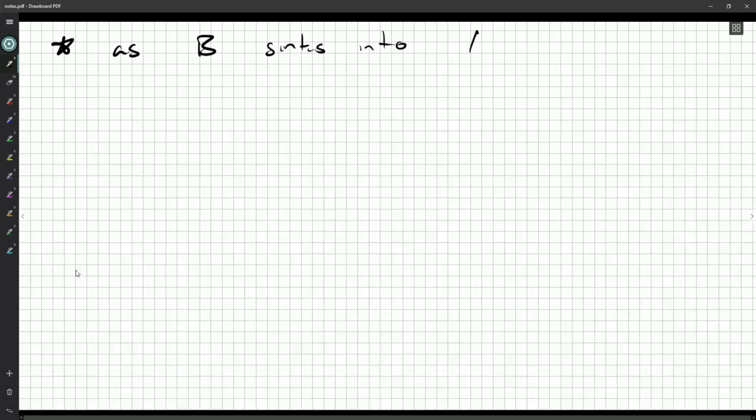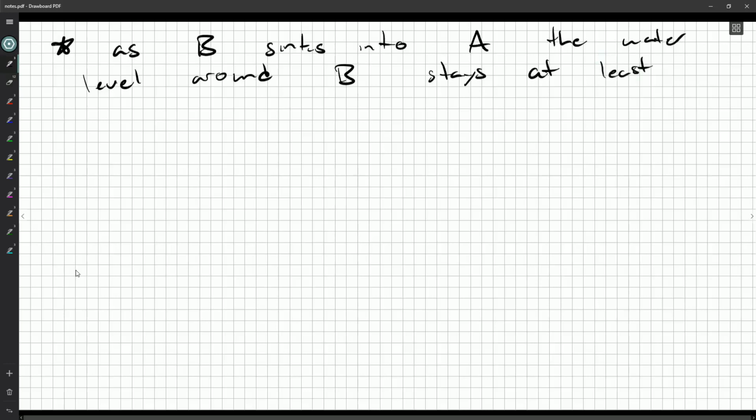One thing you might want to point out about this is as B sinks into A, the water level around B stays at least at the height of the lip of B from the bottom of A.